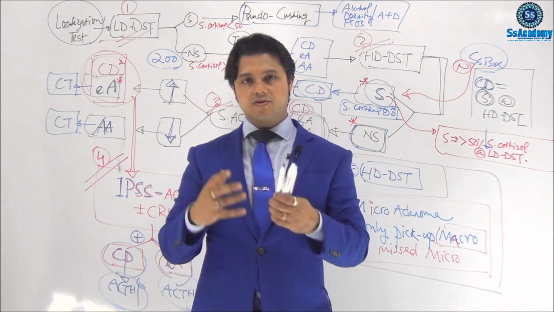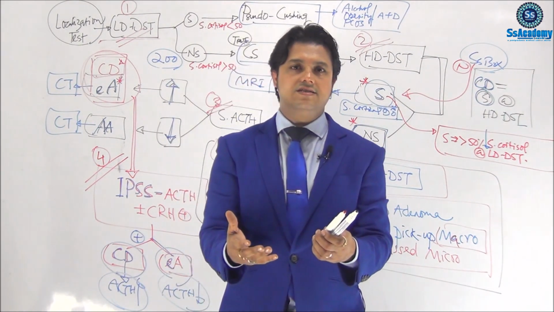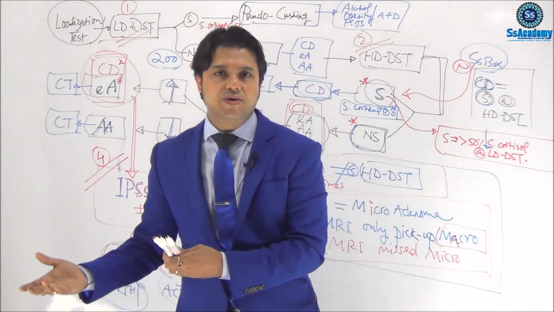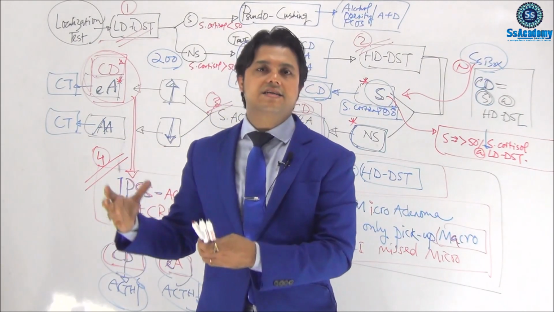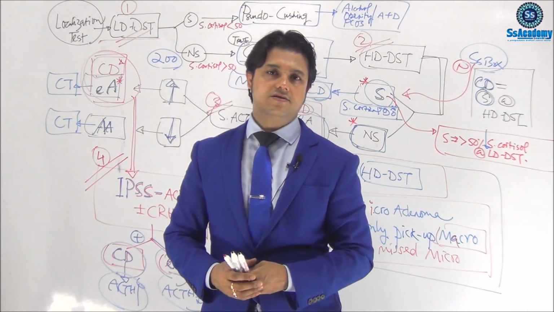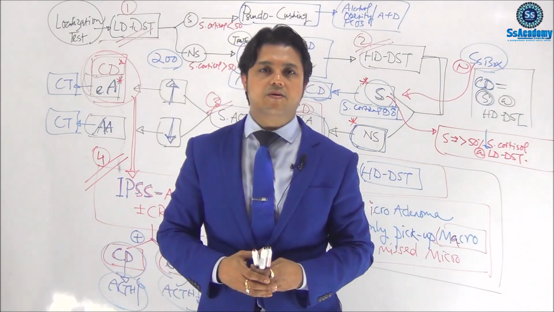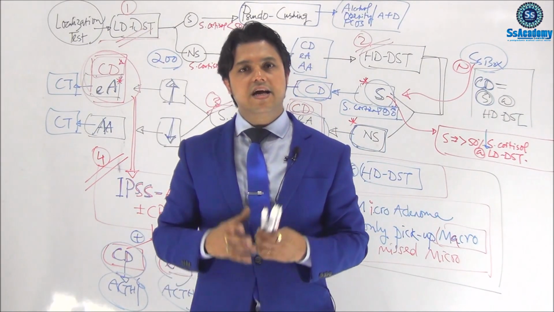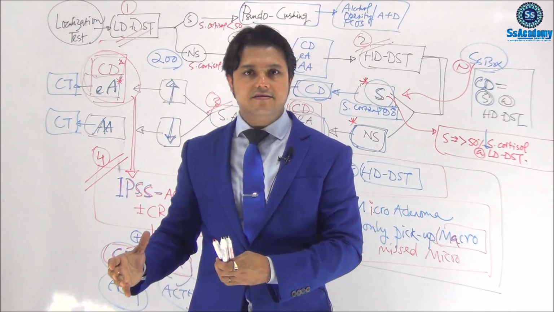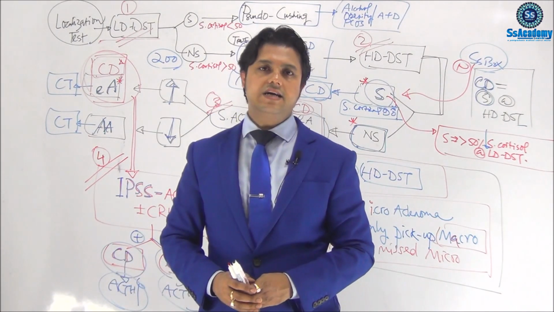Of course, a microadenoma can cause Cushing disease, and a macroadenoma of course will too. So MRI will detect the macroadenoma, but sometimes we miss the microadenoma. So MRI normal doesn't mean that pituitary Cushing disease is excluded.